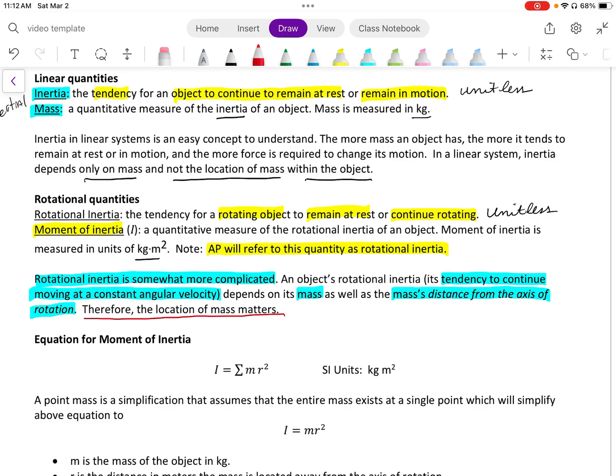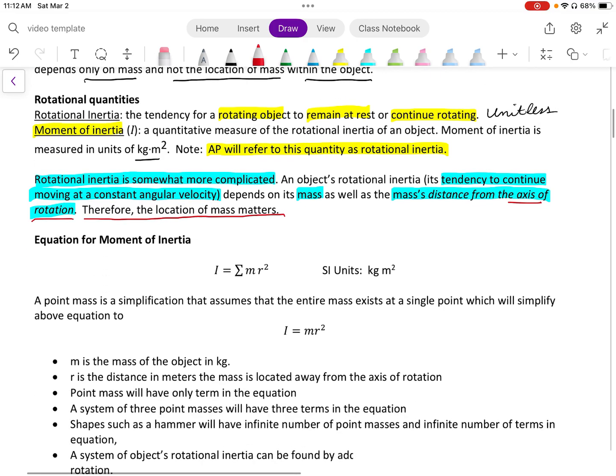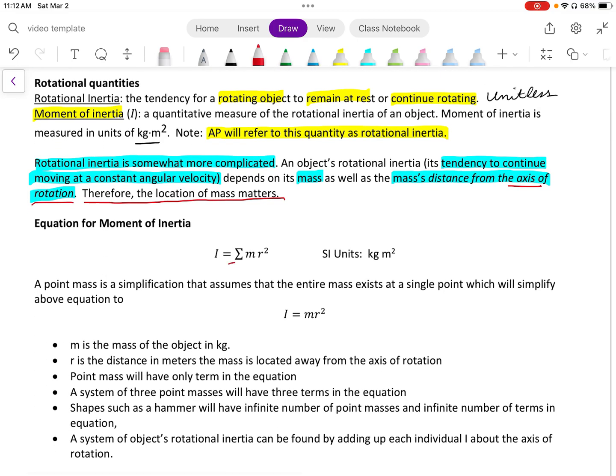So we can't just know the mass of the object, we have to know where the mass is relative to what? The axis of rotation. Okay. The equation for moment of inertia is the sum of all the masses times those individual masses' distance away from the axis of rotation squared. So there are an infinite number of masses potentially.